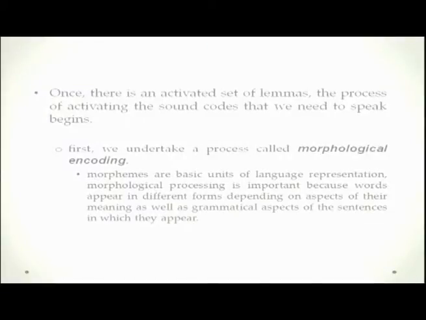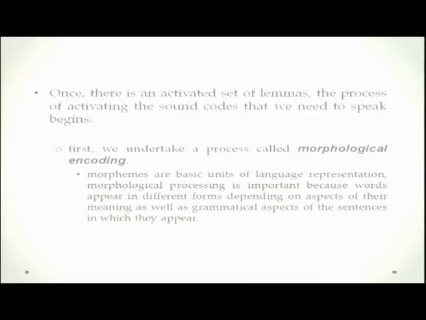Once you've activated a set of lemmas, all of this is what I am going to talk about. Then you would want to activate the words. You will start putting the words together. Am I going to talk about plural, a he or a she or an object or a person? All of this information, because you now have an activated lemma, is there with you.